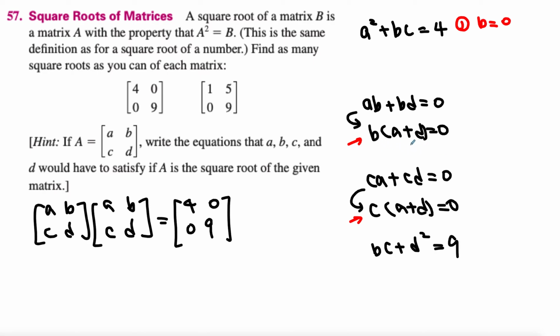If B is equal to 0, then A plus D can be anything you want it to be. So if B is equal to 0, I go back to the first equation here. We get A squared equals 4, so therefore A should be equal to plus or minus 2. Independently, when B is equal to 0, D squared is equal to 9, so D is equal to plus or minus 3.